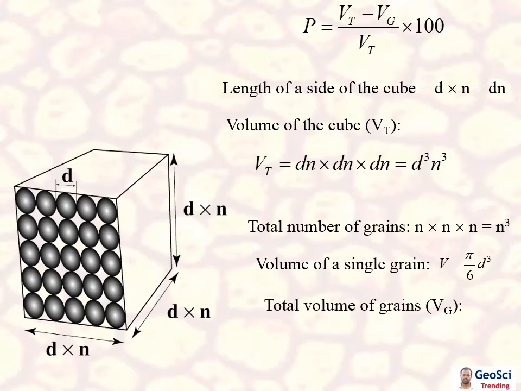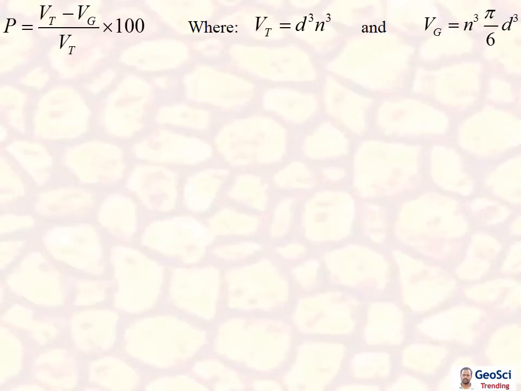The total volume of grains Vg equal to N cubed into pi by 6 into D cubed.